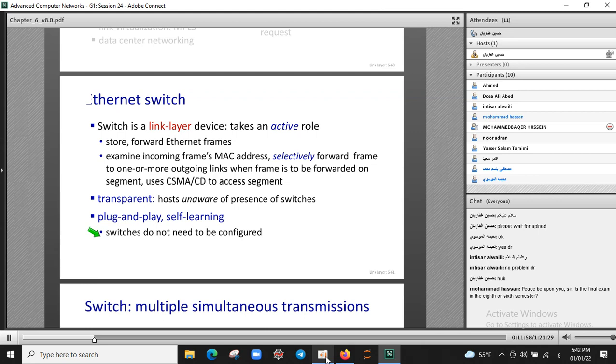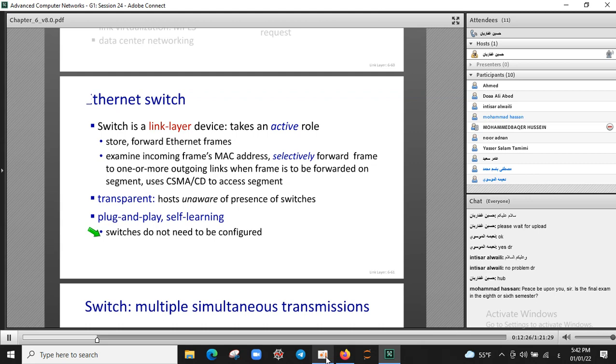So layer 3 switches can be used in place of a router, but we should be aware this layer 3 switch has limited capabilities. So it's better for us to use a specific router instead of a layer 3 switch.